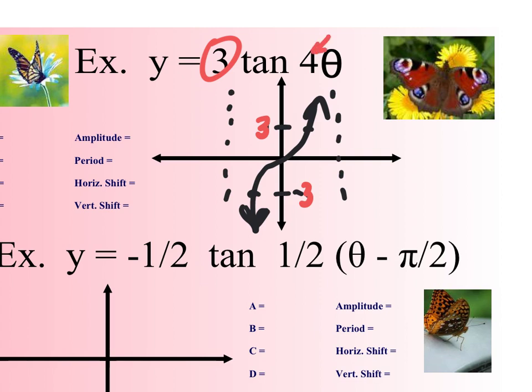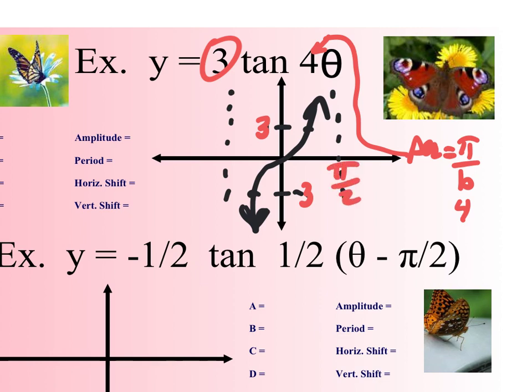And do you remember that there was always this period is 2 pi over b thing, except now we're in tangent. And so period, it isn't 2 pi over b, it's pi over b. Okay, so this one's period is pi over 4. And so normal tangent would have had asymptotes at pi over 2 and negative pi over 2.